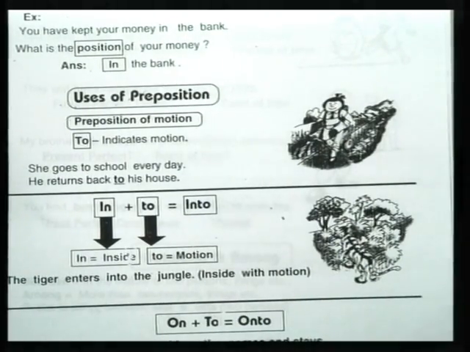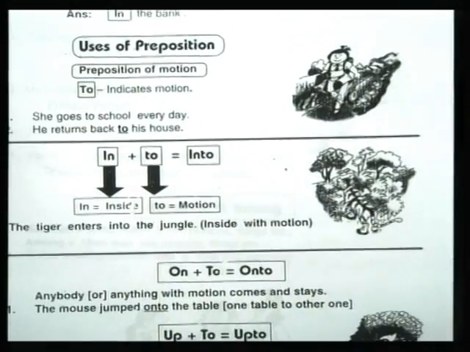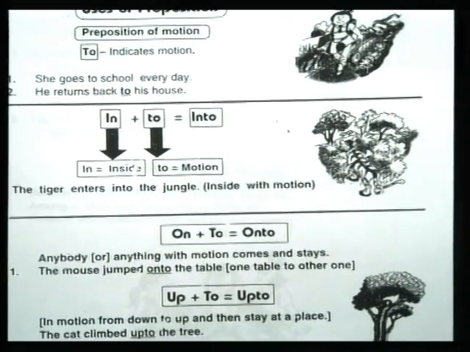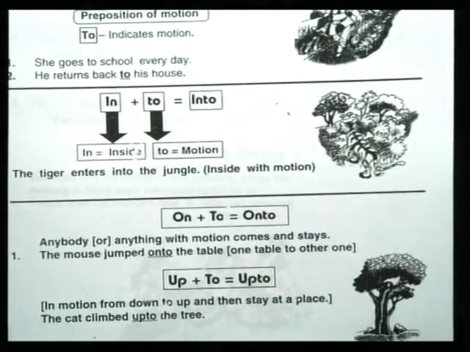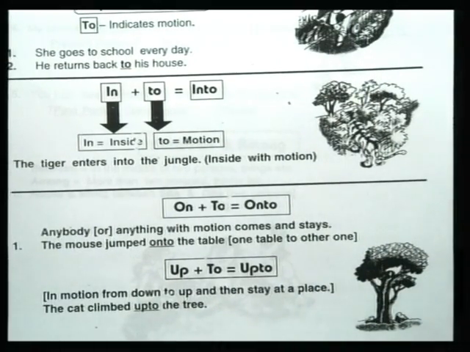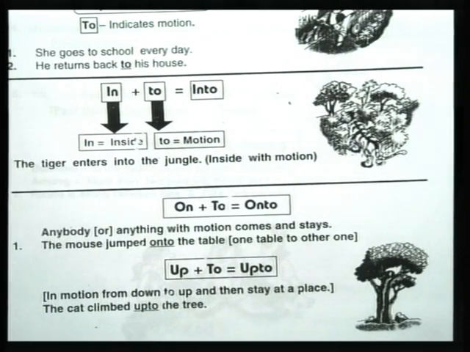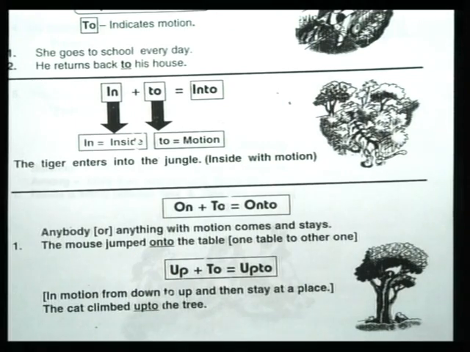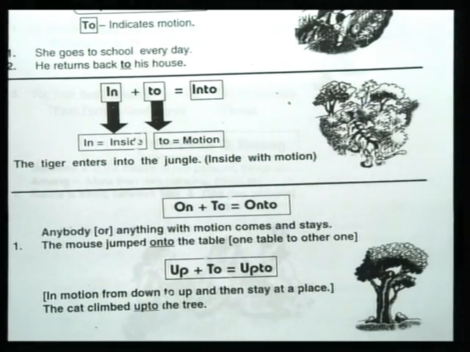Now the next preposition is onto. Anybody or anything with motion comes and stays. The mouse jumped onto the table means it is not steady. It jumps from one table to the other.